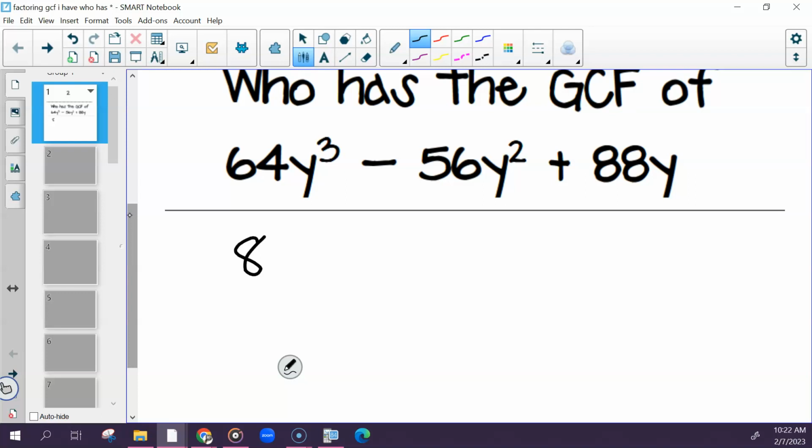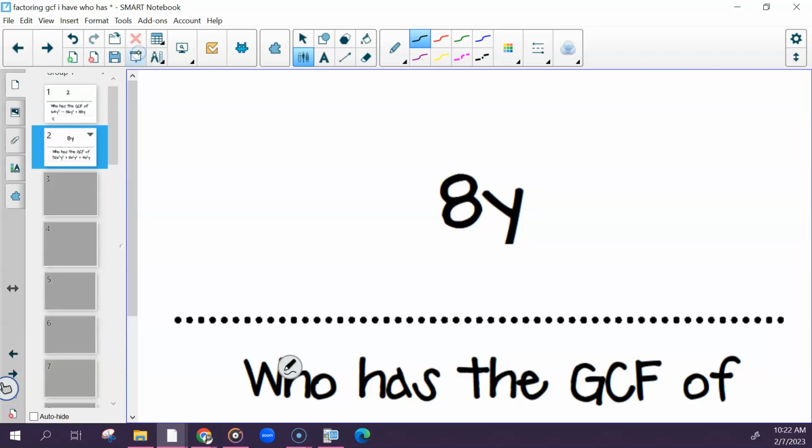If you think you have the answer, you can say it out loud. Look at that. See if there's matches. It has an 8. Is the variable match? Go ahead and read that out loud.